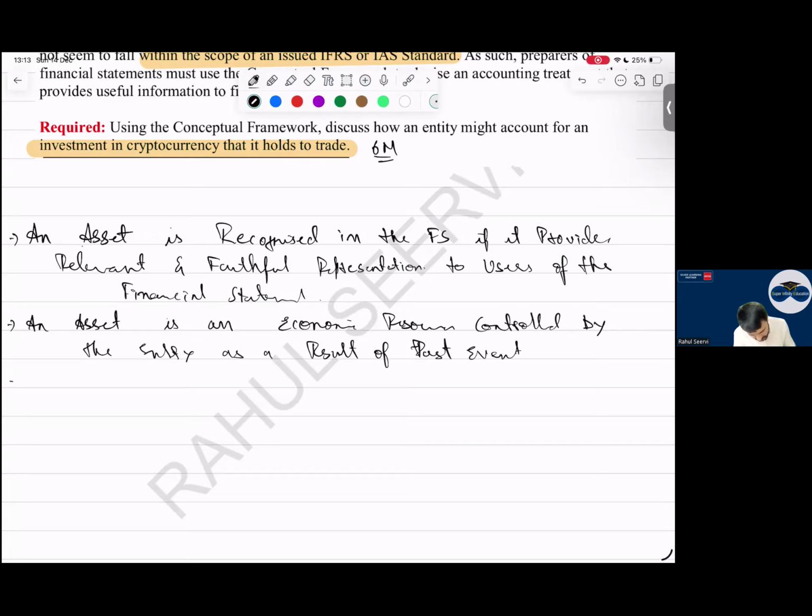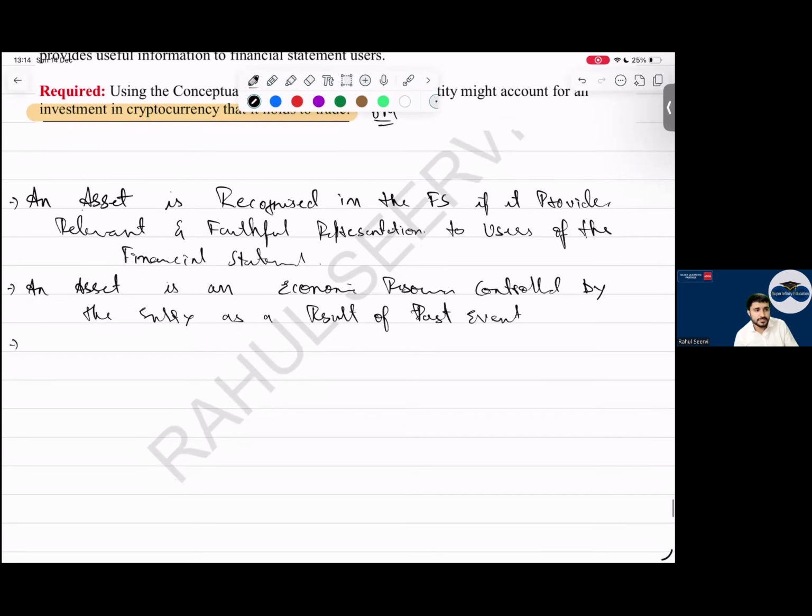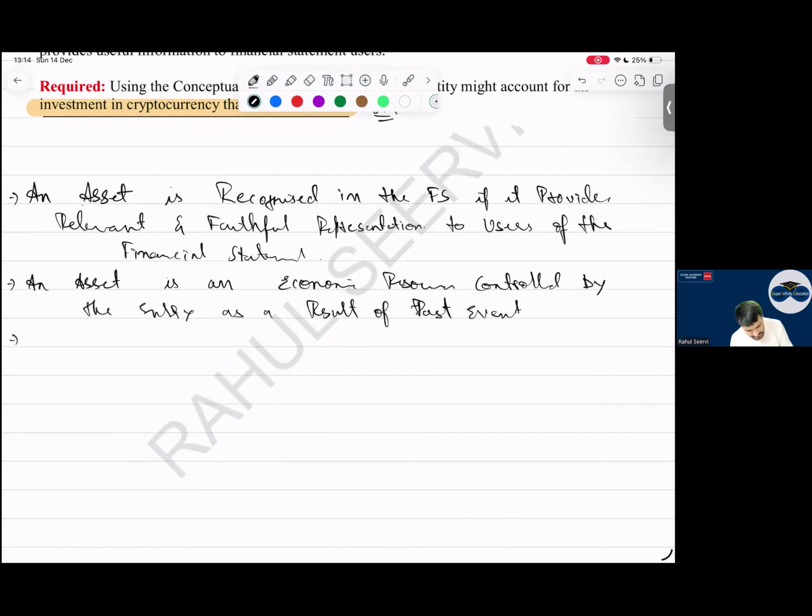Now we have to conclude that this cryptocurrency is an asset. Yes or no? So can I say cryptocurrency qualifies as an asset because it is providing potential economic benefits?